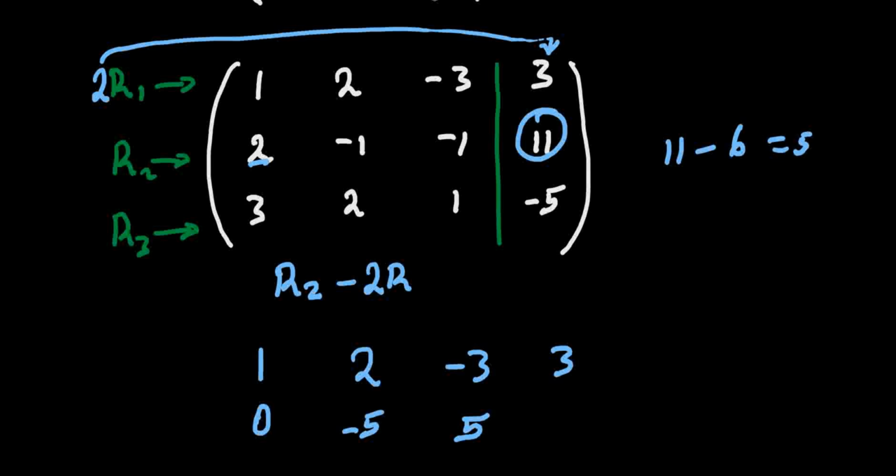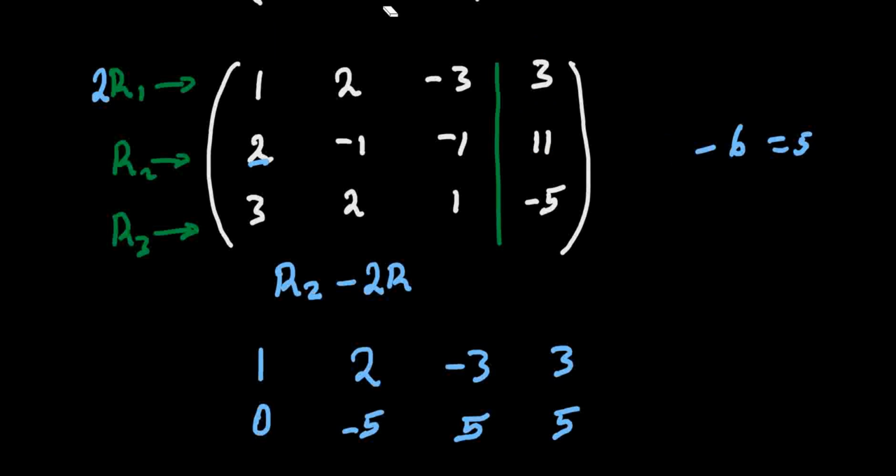So here we have 5. Get rid of this, get rid of this, just clean up this. Okay, so we have successfully multiplied row 1 by 2, and then we subtracted from row 2, and that gave us the new set of values for row 2.